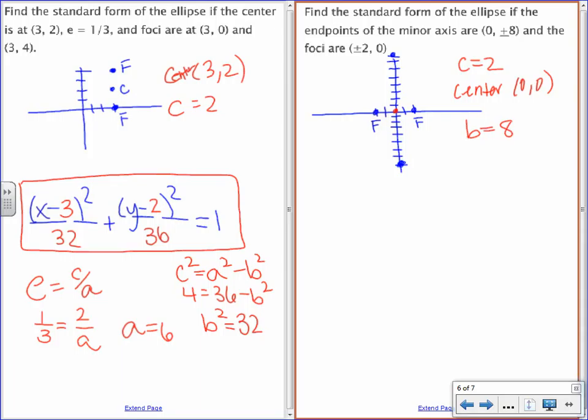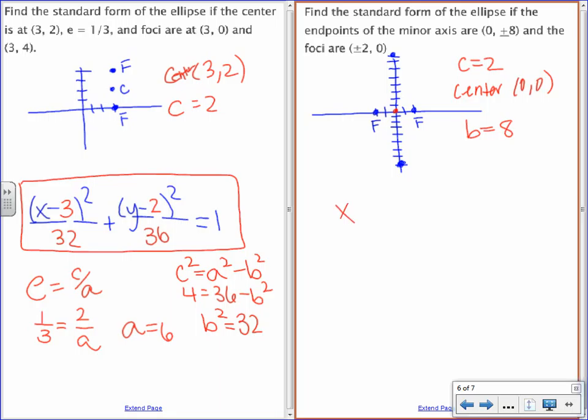Okay, I'm going to go back to pod 6. What kind of an ellipse do we have? Okay, and pod 4, why is it horizontal? Because the foci are horizontal from our center.